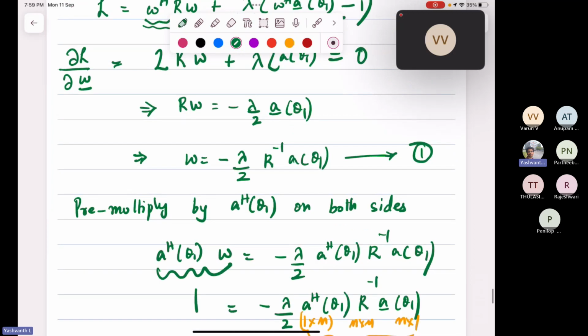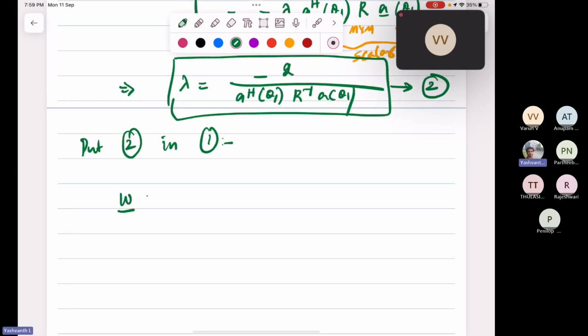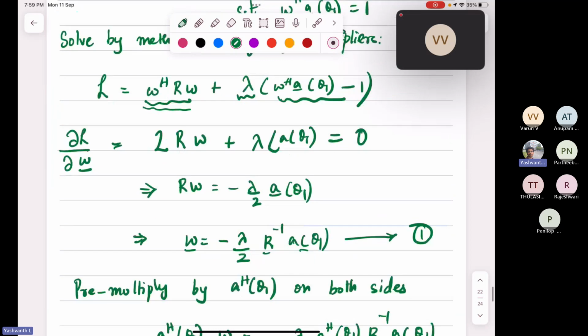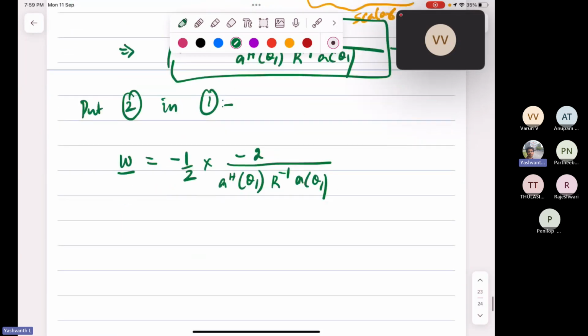So now you see equation 1, W equal to minus lambda by 2 into R inverse of A of theta 1. The only unknown is lambda. I got lambda in equation 2. So put 2 in 1. That is W equal to, minus half times lambda, where lambda is minus 2 by A Hermitian theta 1 R inverse A of theta 1, times R inverse of A of theta 1. The 2 cancels, minus minus cancels.